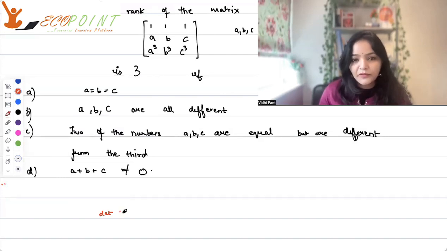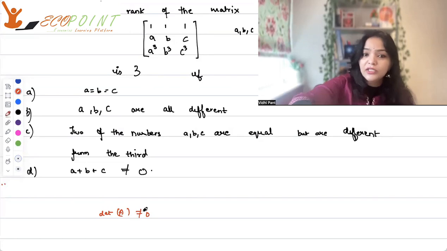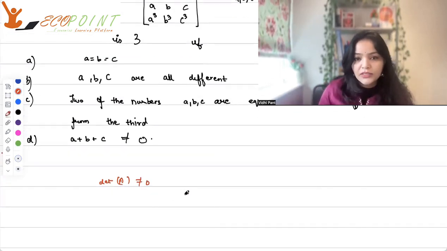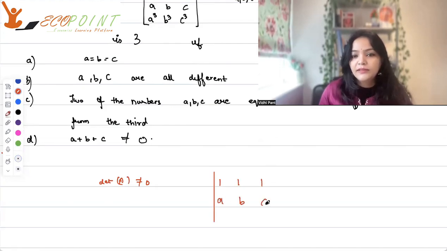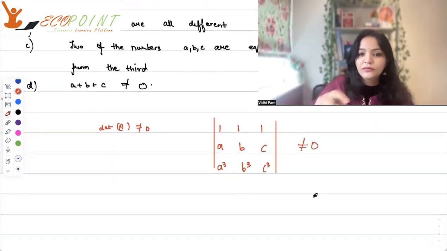So the determinant of A should not be equal to 0 becomes your condition. So the condition is that the determinant of [1, 1, 1; a, b, c; a cube, b cube, c cube] should not be equal to 0.